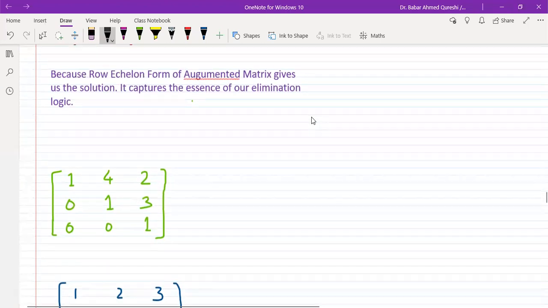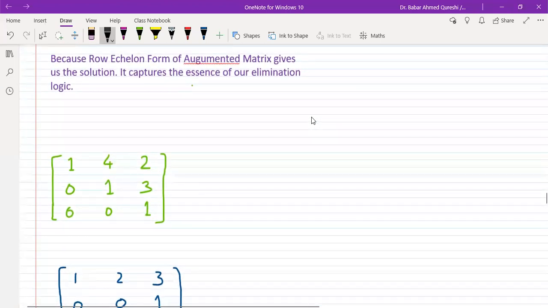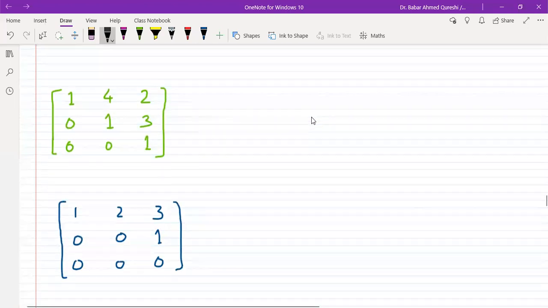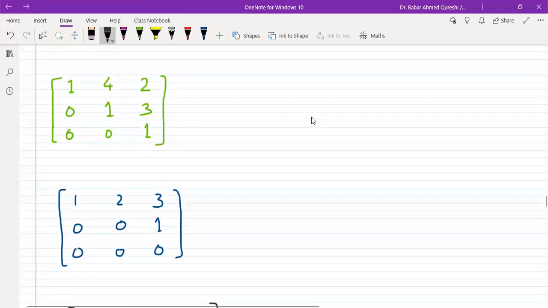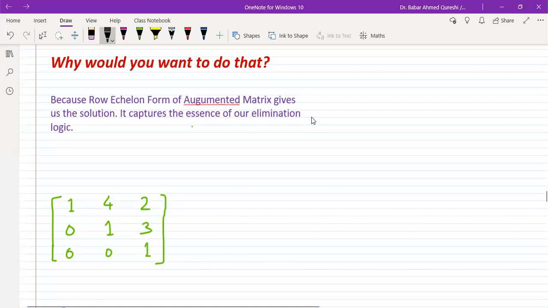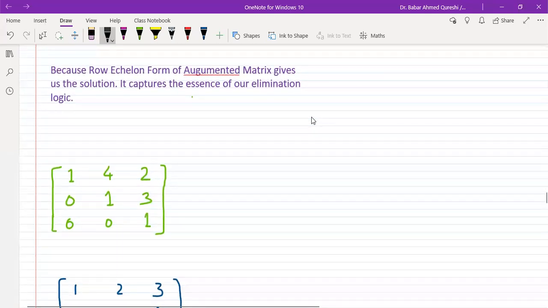But first of all, let's see how it gives you a solution. If I'm considering a 3 by 3 system, this cannot be the augmented matrix, because for a 3 by 3 system this is just the coefficient matrix.